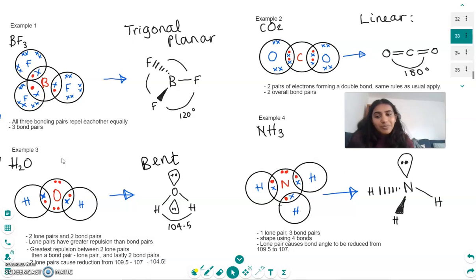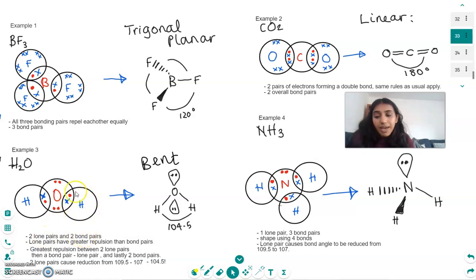They're very useful. So we have an oxygen atom in the middle, and it has how many valence shell electrons? 6. Well done. And the hydrogens have 1. And therefore they form 2 single bonds. But how many outer electrons are left over on the oxygen? 4. Yes, 4. So they form 2 lone pairs and 2 bond pairs.